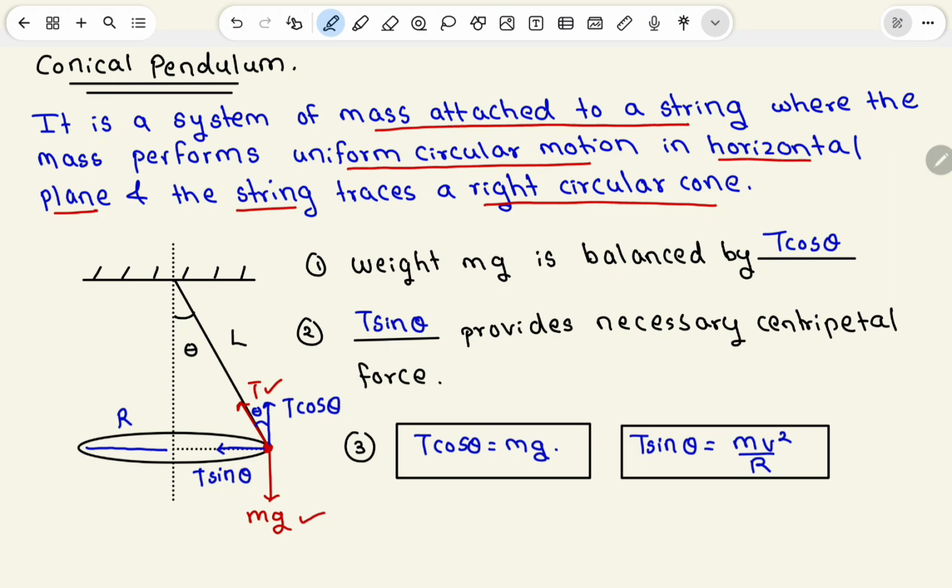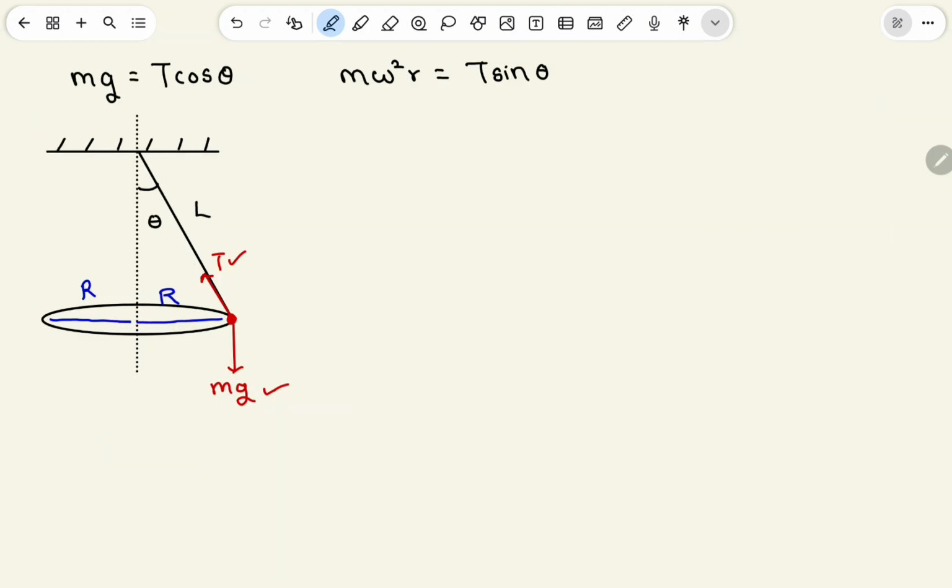Now let's move ahead. The two equations that we have with us are mg is equal to T cos theta and m omega square r is equal to T sin theta. How do we get m omega square r? Because T sin theta was providing the centripetal force mv square by R. Sorry, there's a capital R over here. And we know v is equal to r omega.